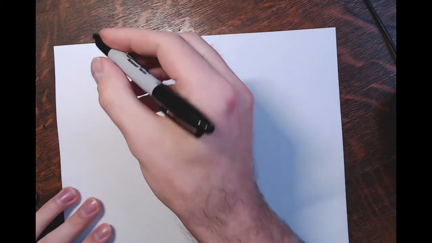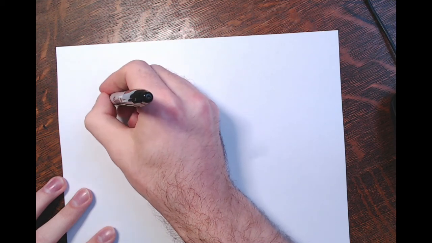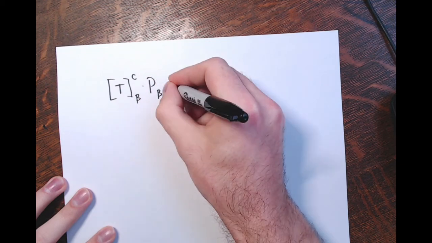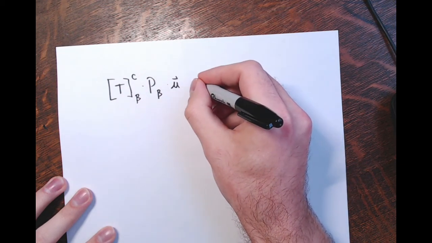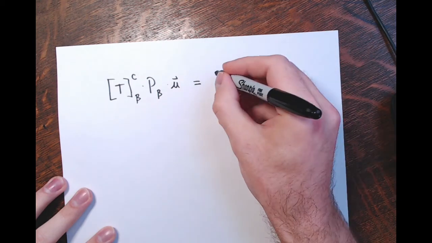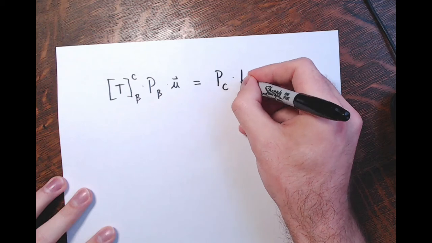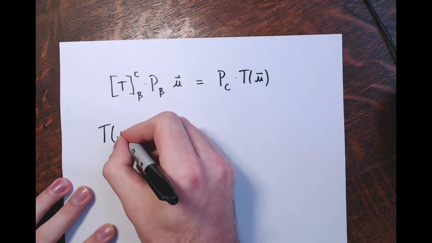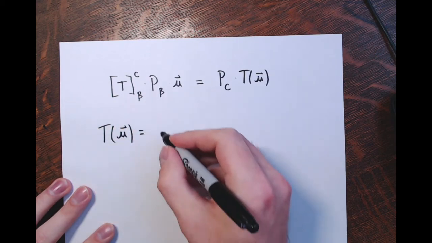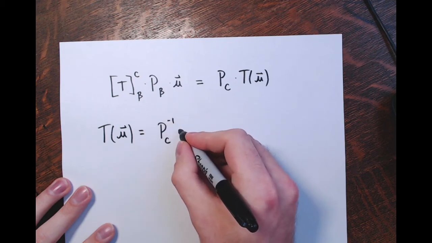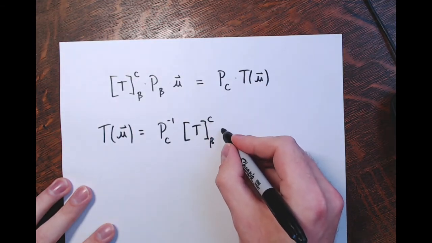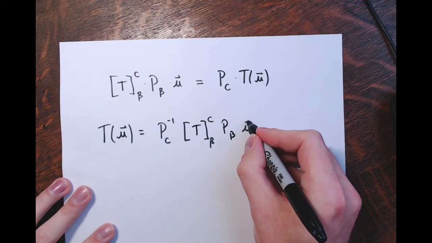So from this matrix representation theorem, since the matrix representation times PB times my input vector is equal to PC times T of u, and this is for any u, then T of u should be equal to PC inverse times my matrix representation, multiplying by PC inverse on the left, and then multiply by PB, and then multiply by the input vector. Right?